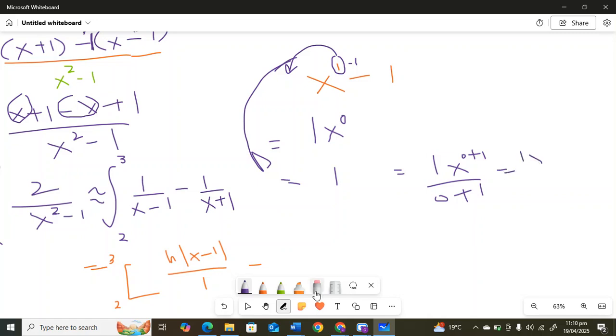Now, x to the power 1 over 1 takes us back to this x to the power 1. So when we derive x to the power 1, we get 1. When we integrate 1, we get x to the power 1. So that's how these two things are related.